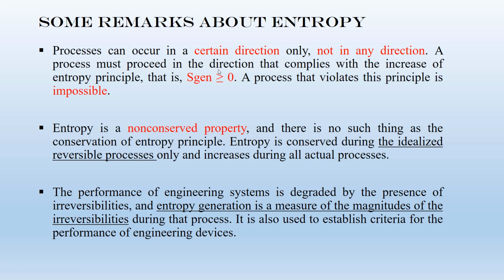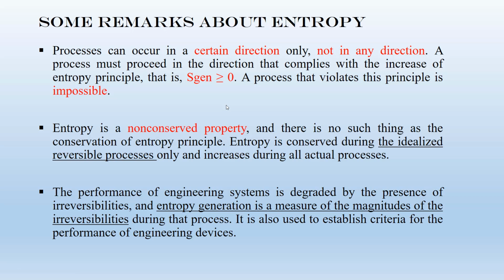What does that mean? For example, for mass, you write the mass conservation equation, correct? M dot in minus M dot out equals dm over dt for the system. But for entropy, you saw that the S generation increases.